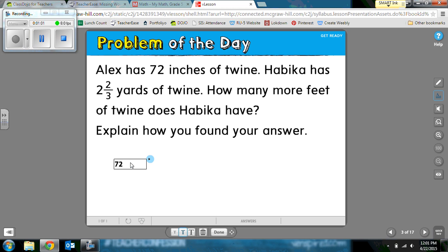Remember that 72 inches would be the same as 6 feet, and that 2 2/3 yards would be equal to 8 feet. Hopefully these big hints will help you finish the problem of the day.